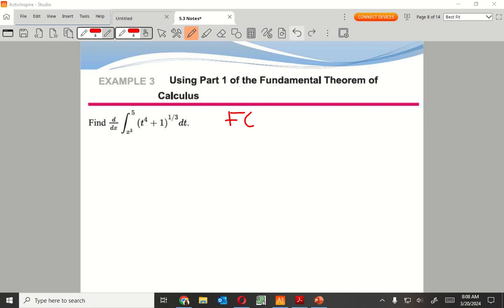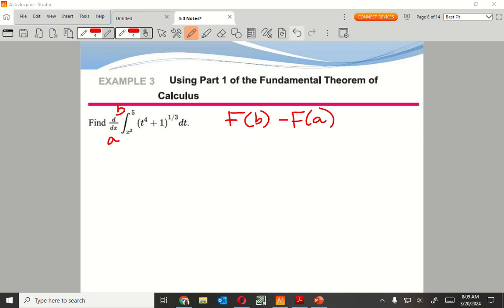So it's going to be F of b minus F of a, from here to here.